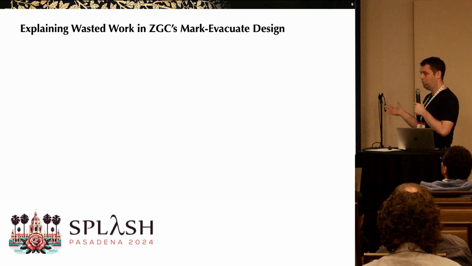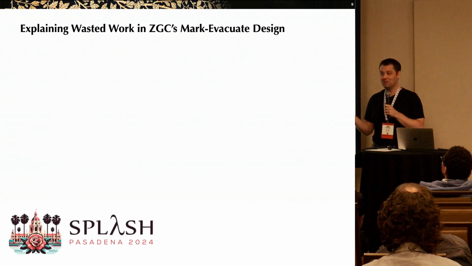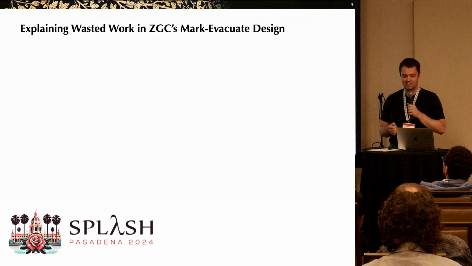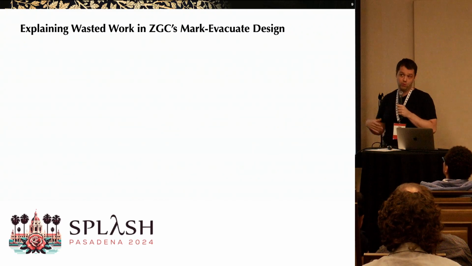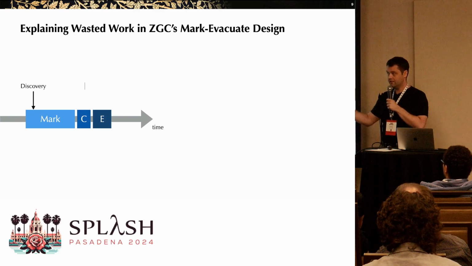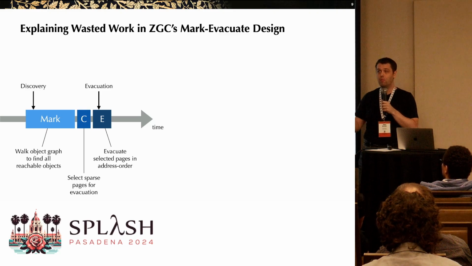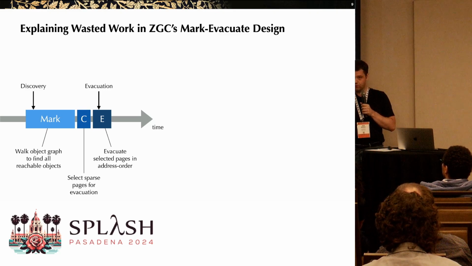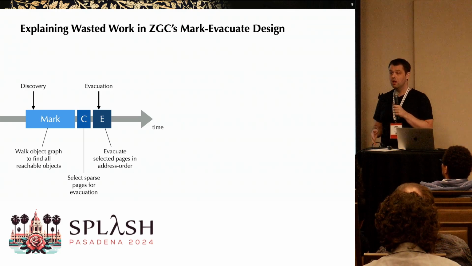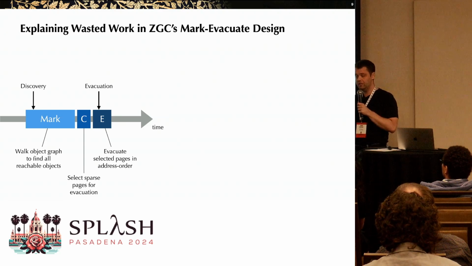So what in the design is causing this substantial amount of wasted work? Well, ZGC, for both young and, by the way, old, uses Mark Evacuate. Mark Evacuate has, in essence, 3 phases. There is a discovery phase where we mark through the object graph to find all reachable objects. Then there is a selection phase where we select the sparsely populated regions.